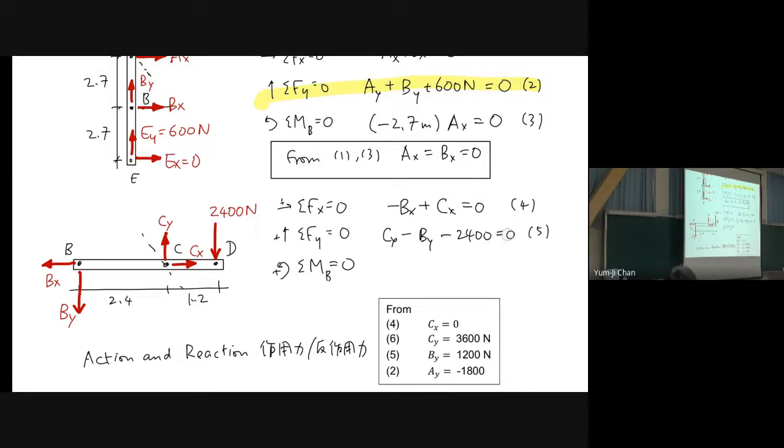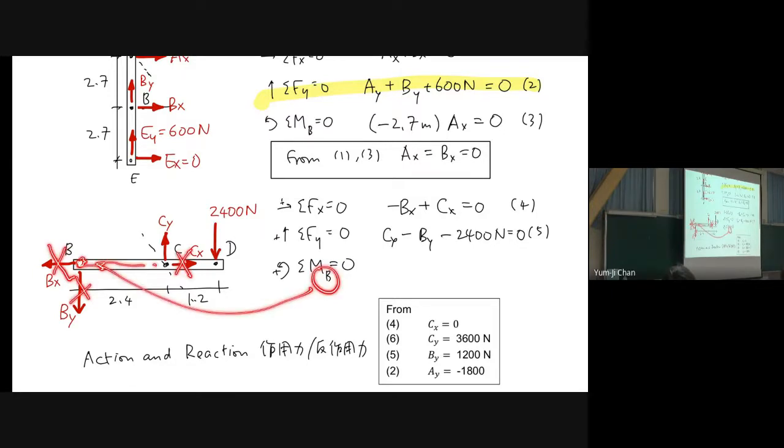And for the sum of moments about B equal to 0, because these two are going through point B, we don't need to consider those. And because Cx goes through point B as well, its moment is equal to 0.